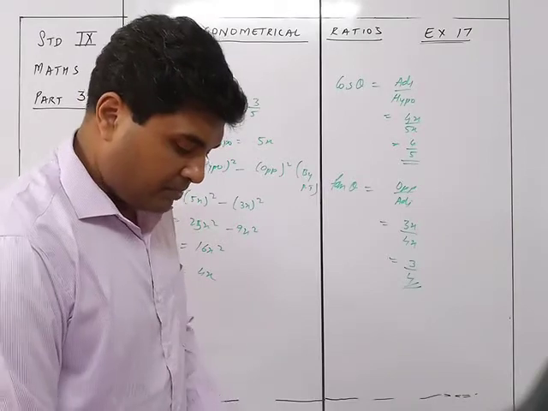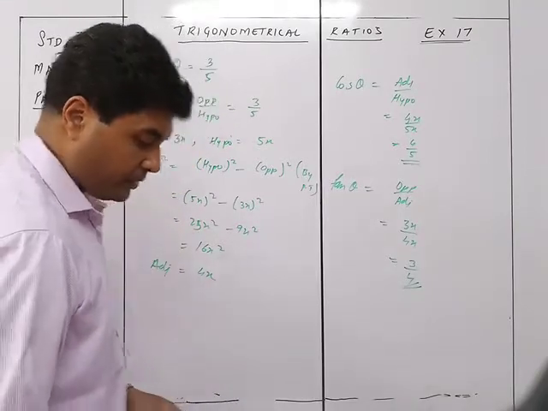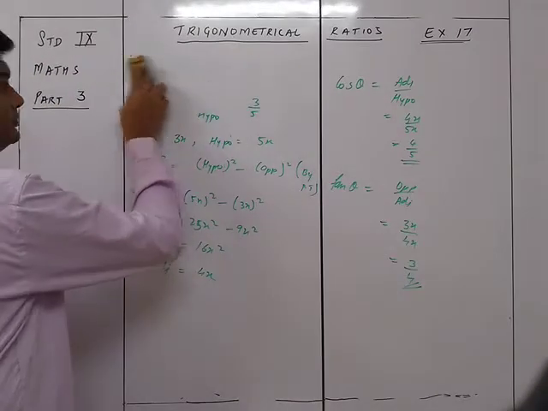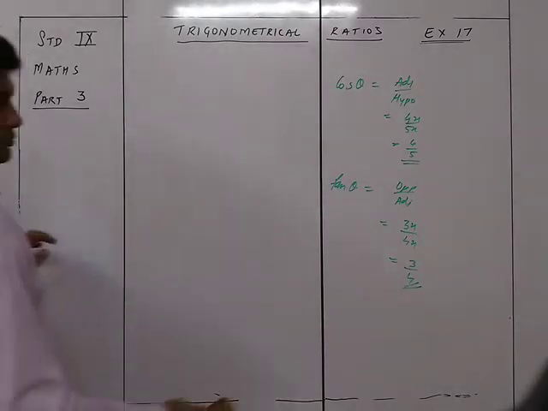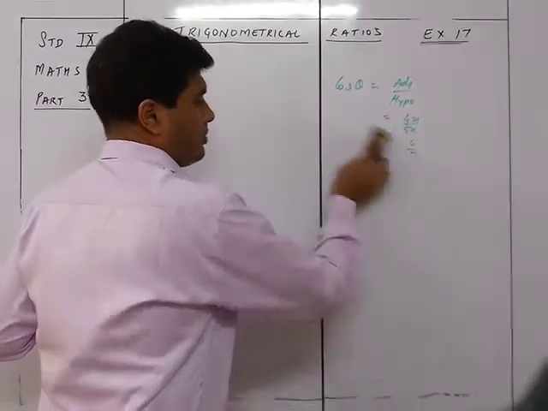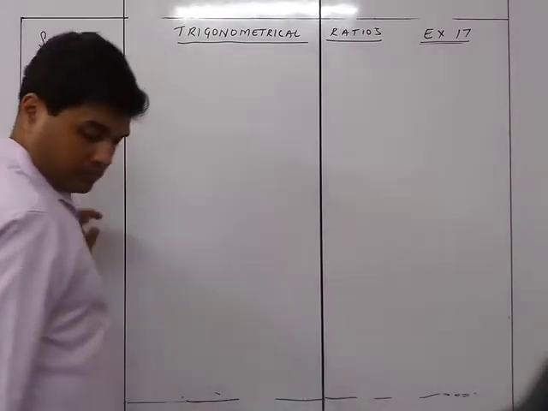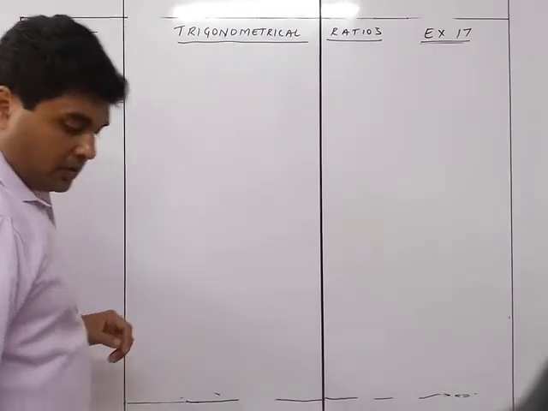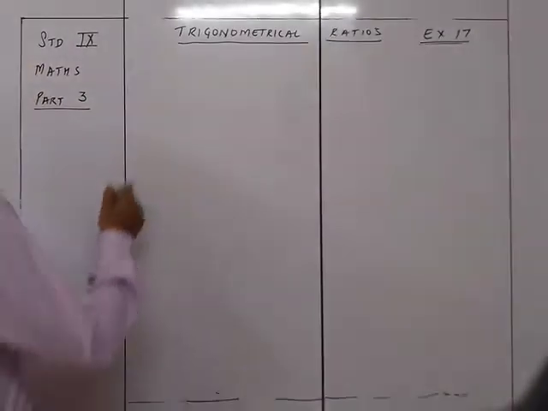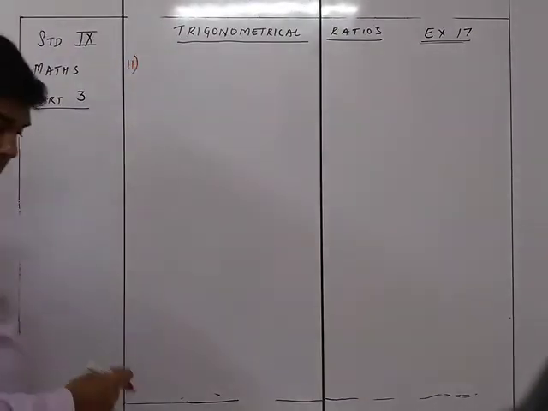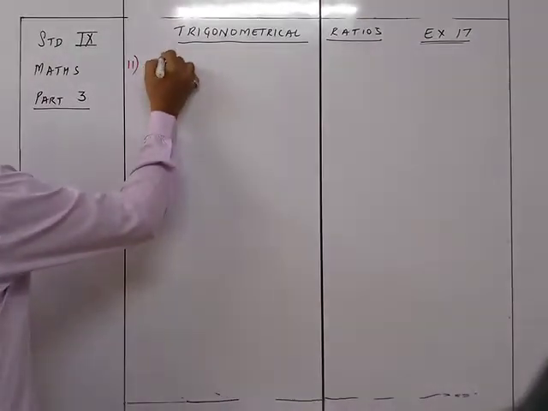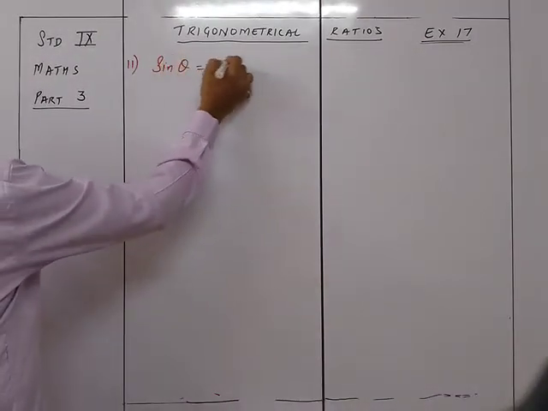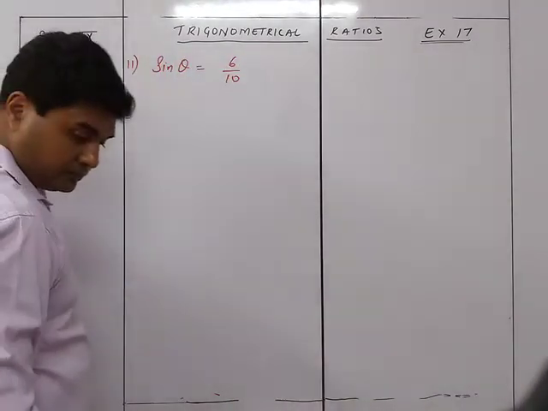We move on to sum number 11. Same kind of sum, very similar sum. Sin theta is equals to 6 upon 10.